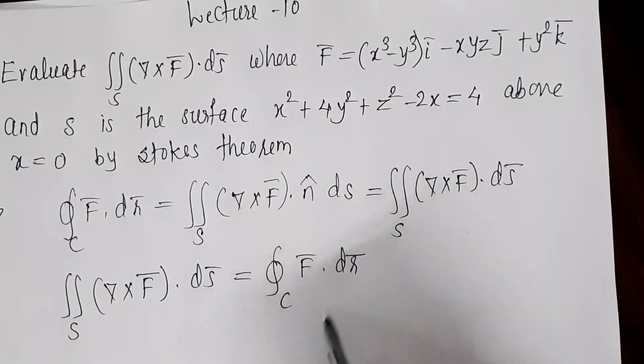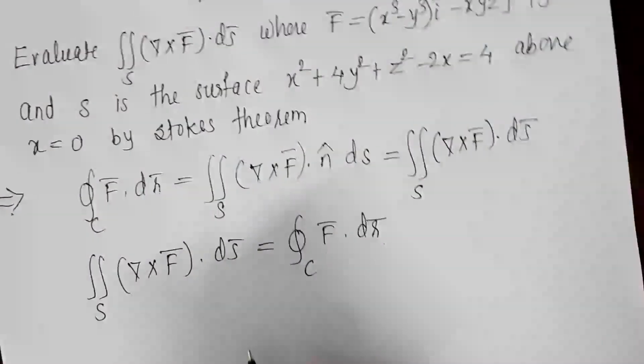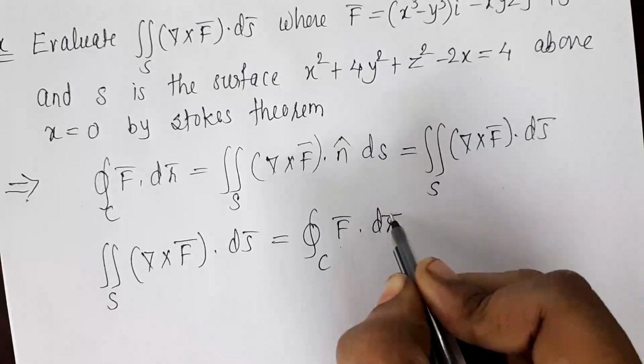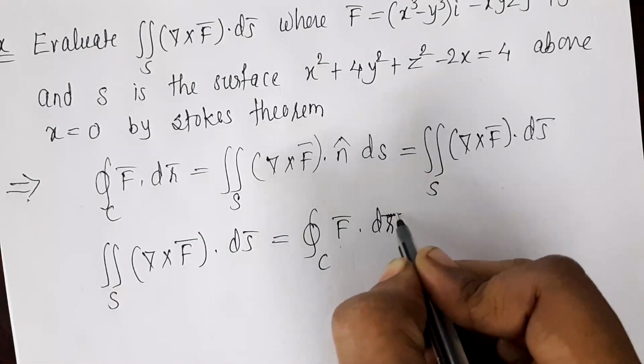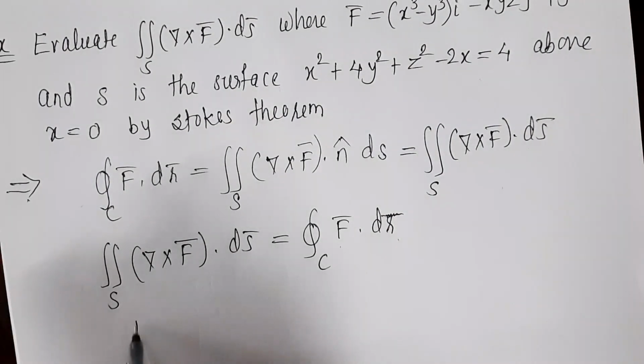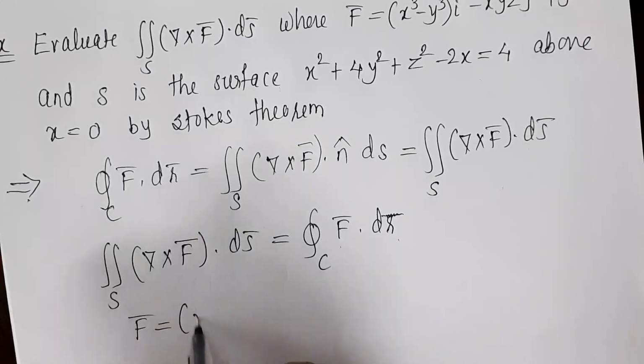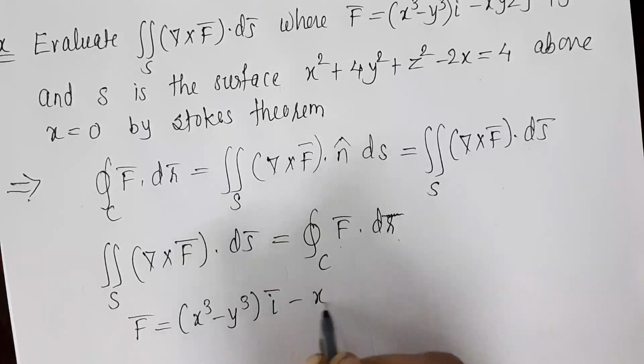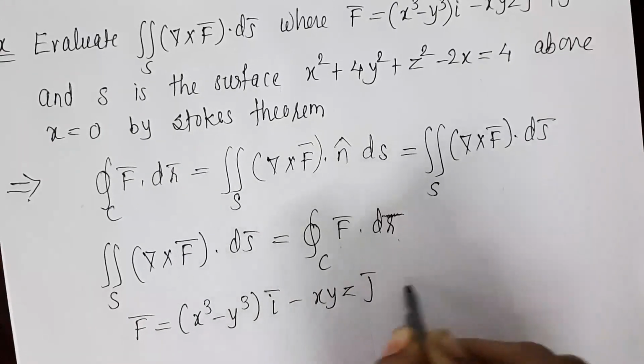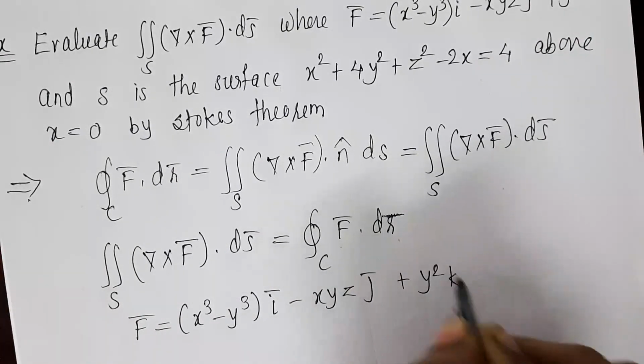Now to get f dot dr, we want the f vector as well as the dr vector. The f vector is given as (x cube minus y cube) i minus xyz j plus y square k.